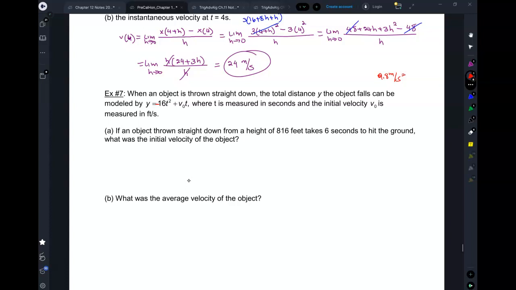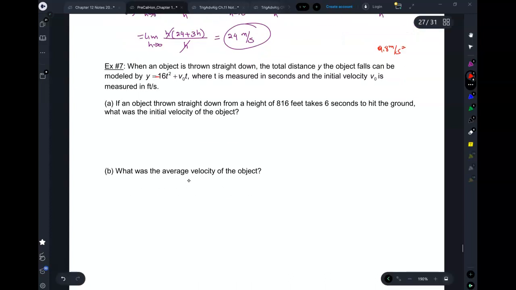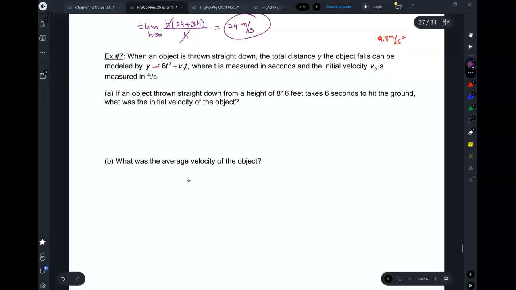And because it's going down, it's got to have negative 9.8t squared if you do it in meters, negative 16t squared if you do it in feet per second. So all of the problems that are in free fall, if it's in feet, it's got to have the negative 16t squared in the equation. I always prefer meters over feet, but the book, I don't know.